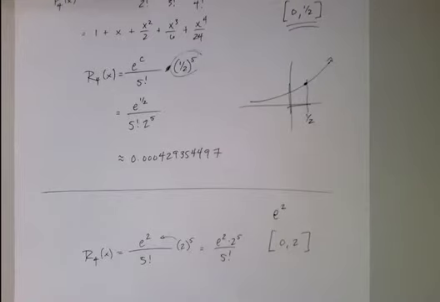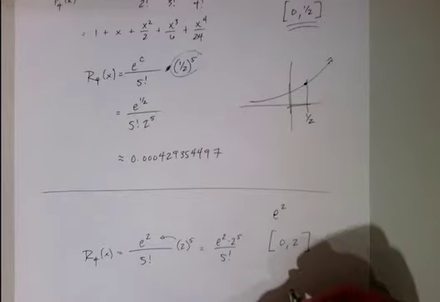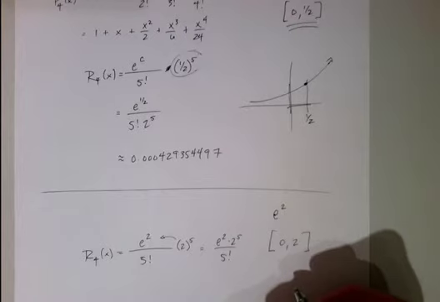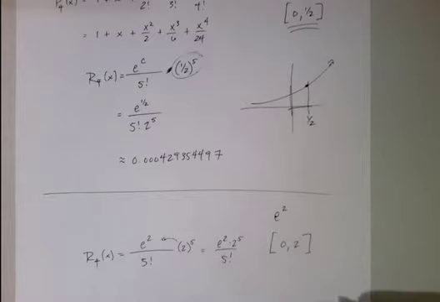Or they could ask, can e squared be equal to a certain number? Based upon what the actual value is, and the maximum error, it would go both ways. You could say yes, that could be a value for it, or no, that's outside of the error range.